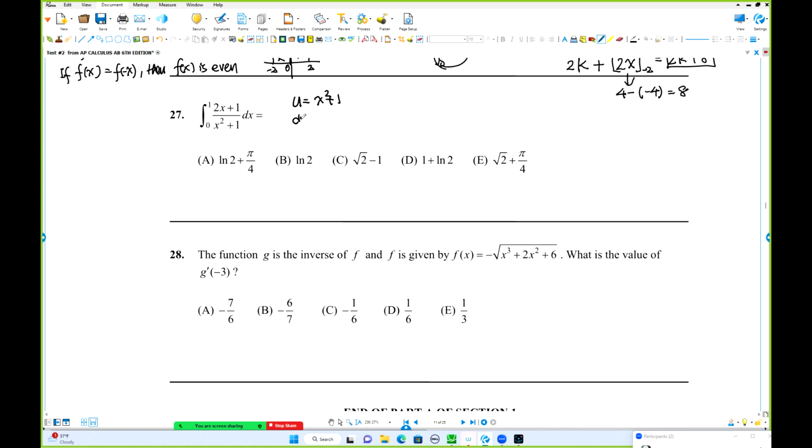But when you take a derivative, 2x dx, but we still have a plus 1 there, okay? 2x dx is okay, but you still have an additional plus 1, so we have to take care of this one. Is it okay? Yeah. That's why we need to separate this fraction, okay?